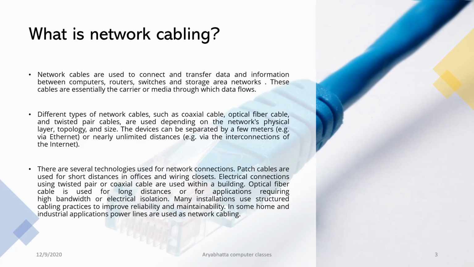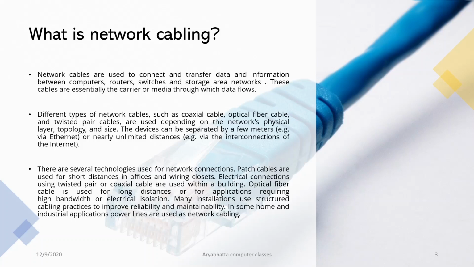Optical fiber is recent. Many companies have launched fiber broadband internet connections, gigafiber, and twisted pair cable, that is the copper wire cable. We also know about this. So these are all used depending on the network physical layer, topology and size.